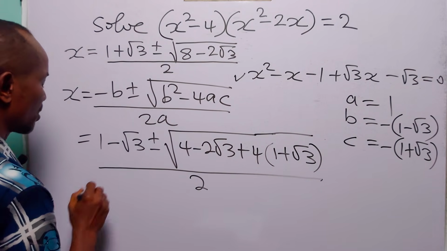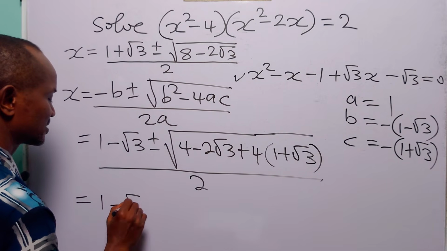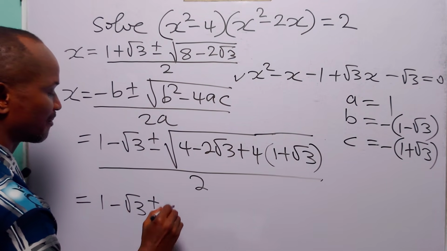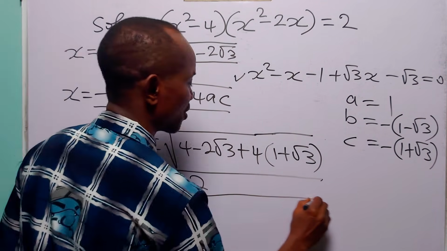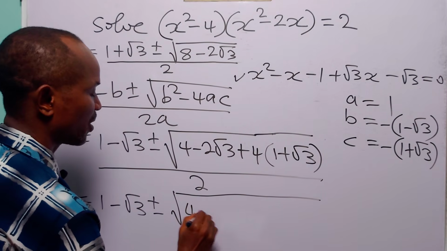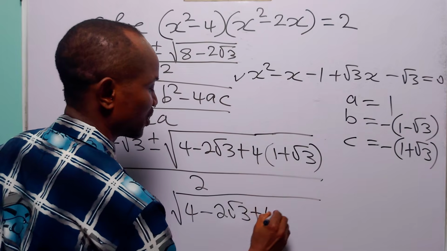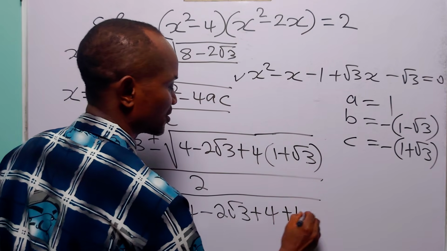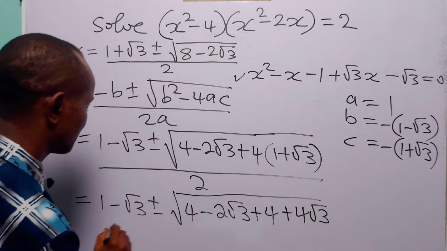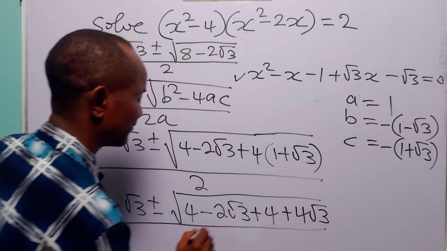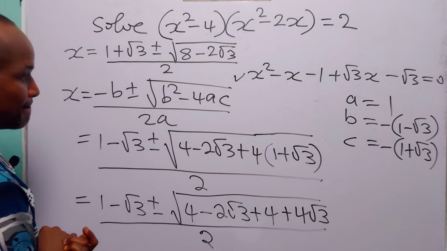Now, this is equal to 1 minus root 3 plus or minus the square root of 4 minus 2 root 3 plus 4 plus 4 root 3, all divided by 2.